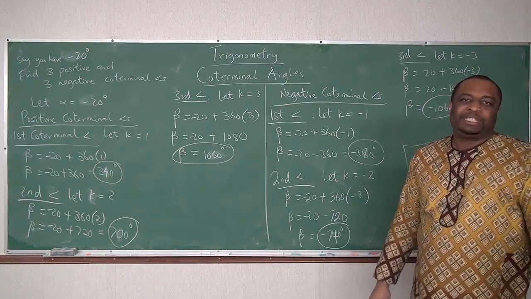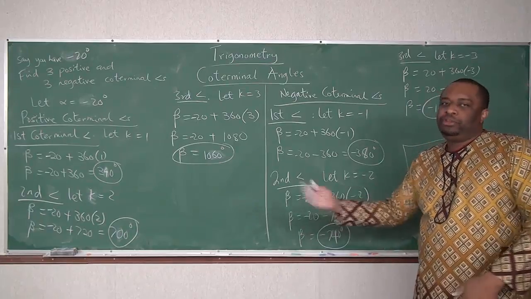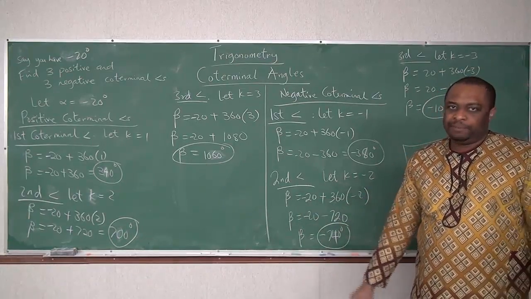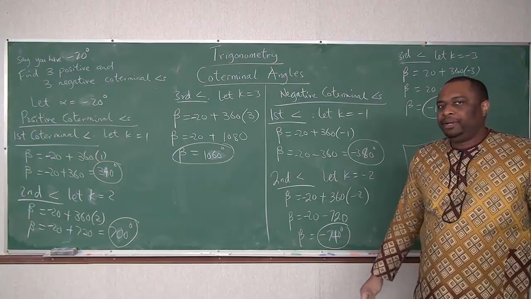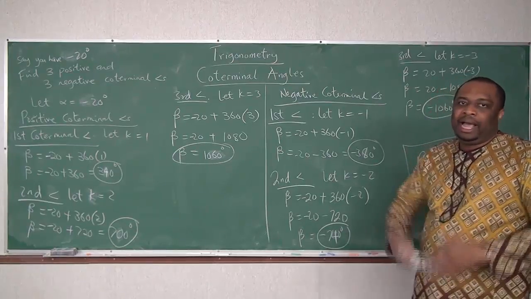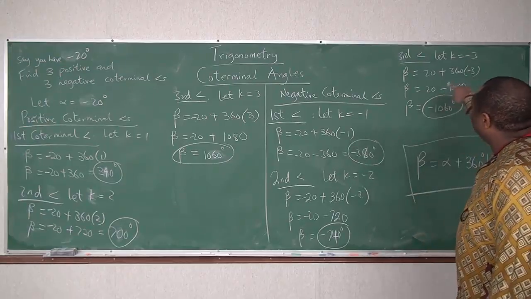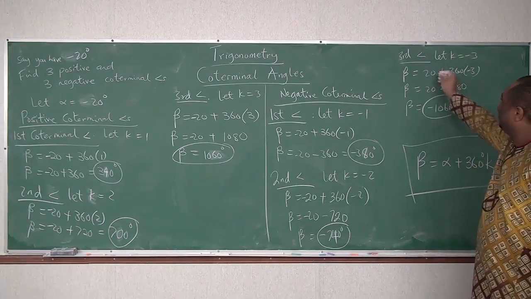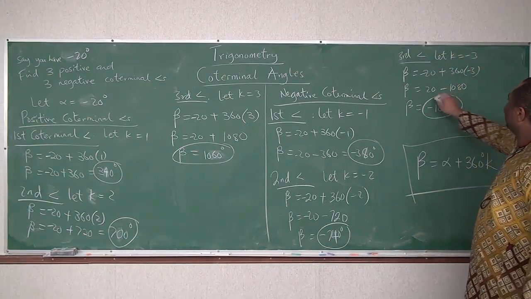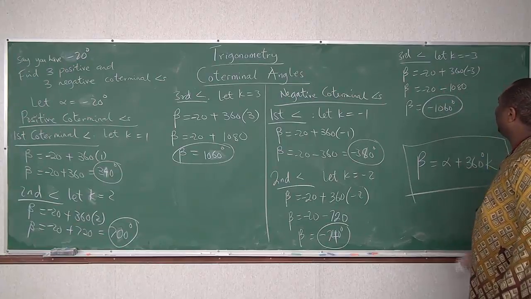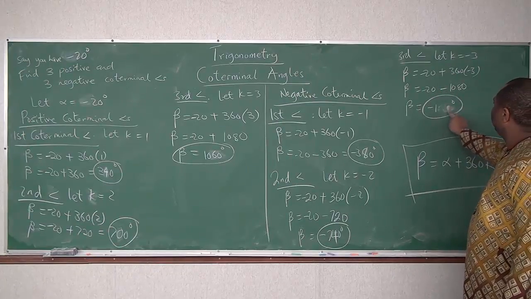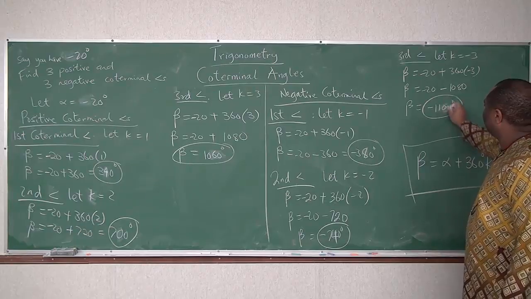If you want to find the positive coterminal angle, then you use K as a positive integer. If you want to find the negative coterminal angle, then you use K as negative integers. Then for K equal to negative 3, this is negative 20 minus 1080, and that will give us negative 1100 degrees.